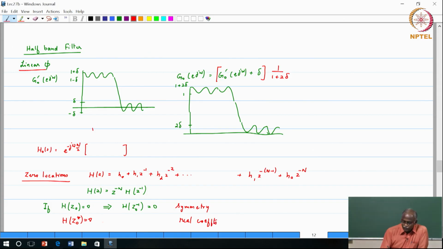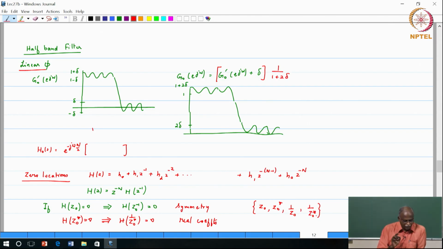So, this also coupled with symmetry will also say that 1 over z0 conjugate is also a 0. So, what you find is that you get a quad of zeros. If z0 is a 0 and it has real coefficients and linear phase, then you should also have a 0 at z0 star, at 1 over z0 and 1 over z0 conjugate.